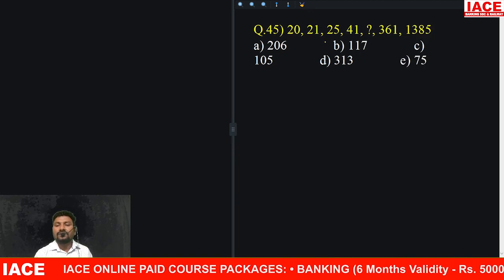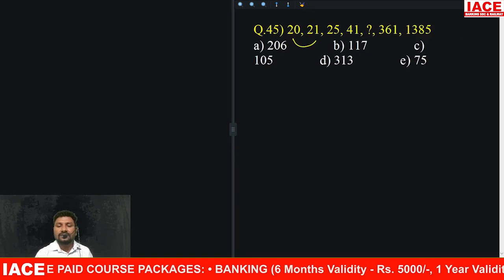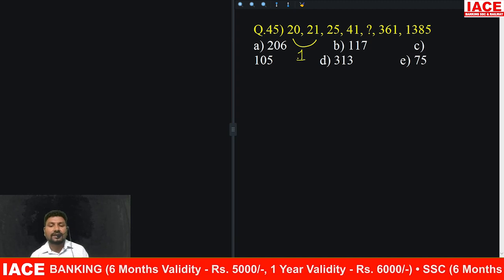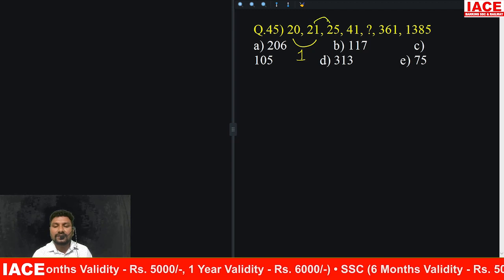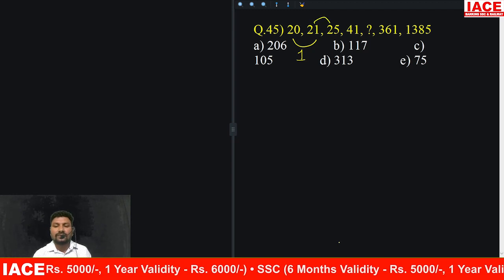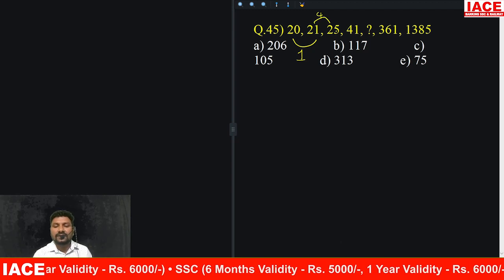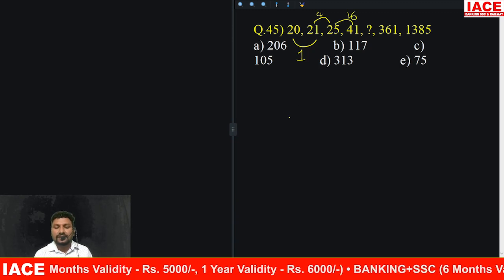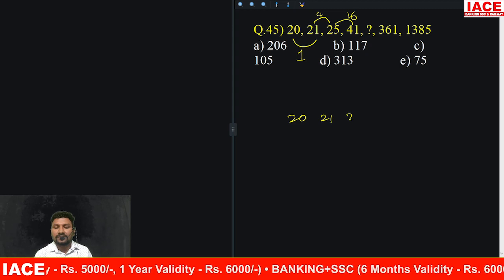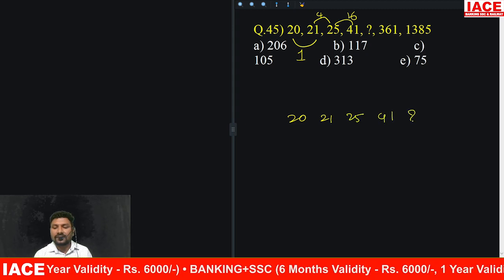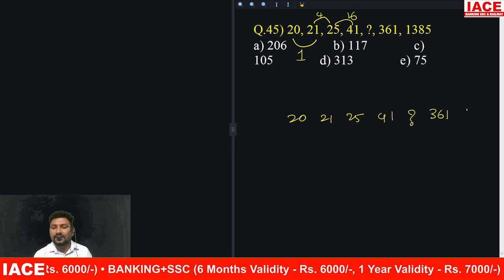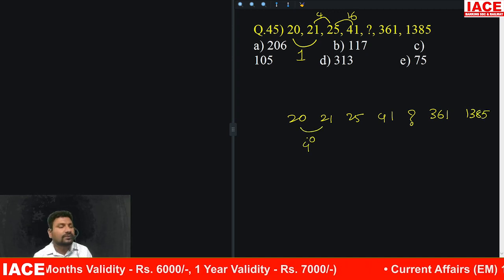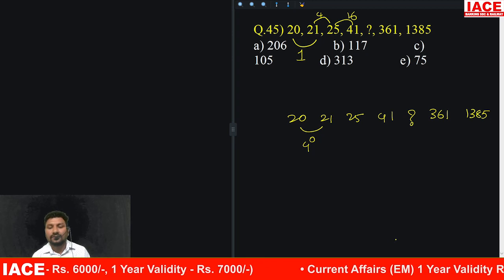20, 21, 25, 41. Here 20 to 21, the difference is how much? 1. And 21 to 25, difference is how much? 4. And 25 to 41, difference is how much? 16. Okay. This is 20 and 21, 25, 41 and 361 and 1385. 4 to the power of 0 value is how much? 1.